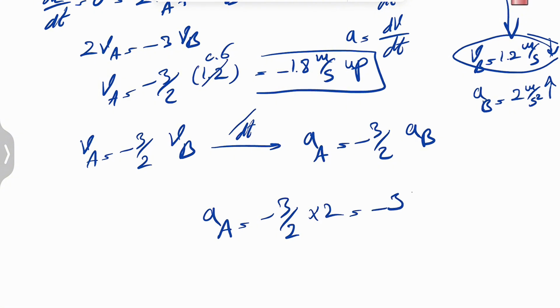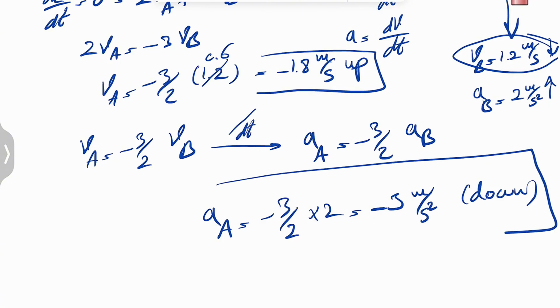Since the acceleration of B is upward, the negative direction of that is downward. The negative sign shows that whatever direction one block has, the other block is going to be in the opposite direction.